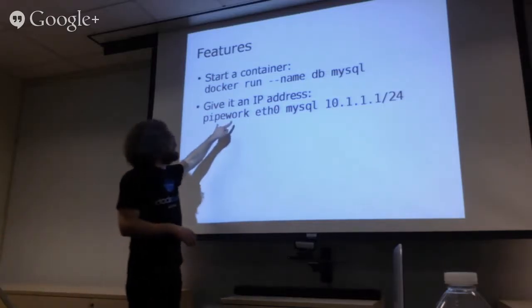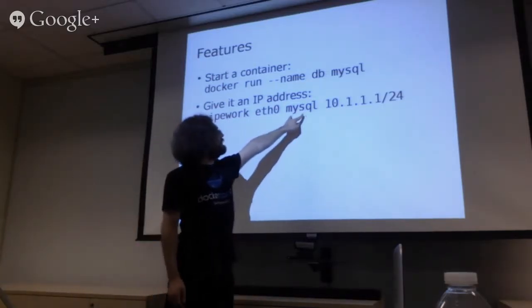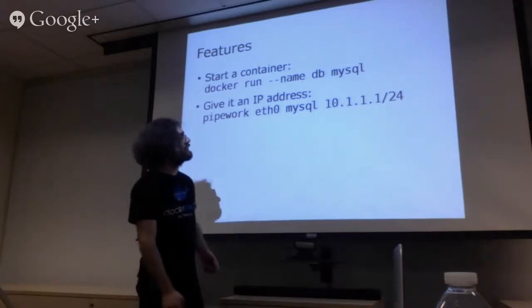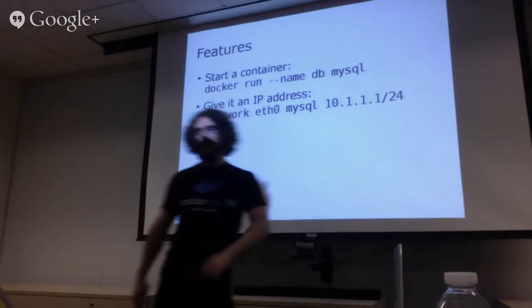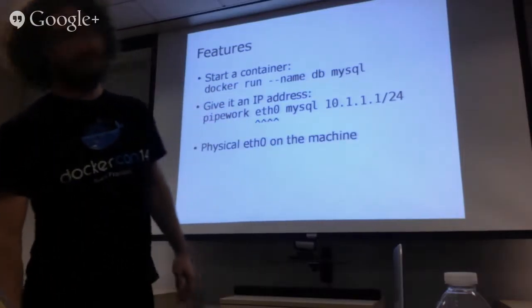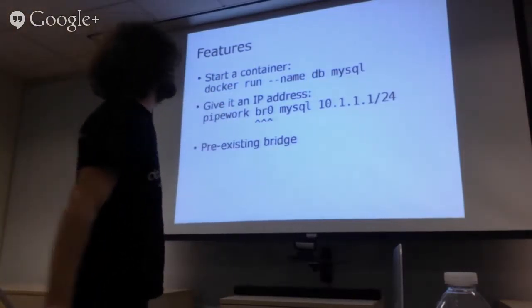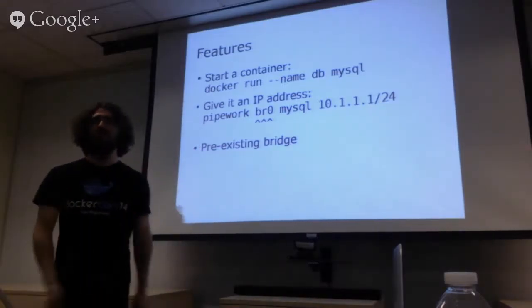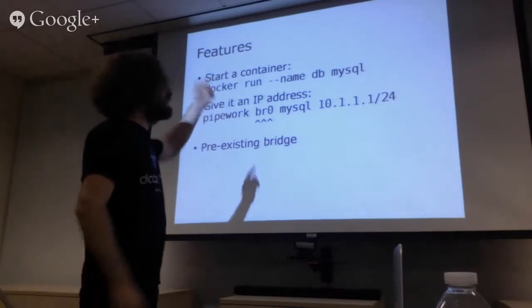So in that case, I say, okay, I want the MySQL container to be connected to eth0, which will automatically use a MAC-VLAN interface, and I give it an IP address. And if I want to connect that container to a bridge to make a private network between containers, I just give the name of the bridge.